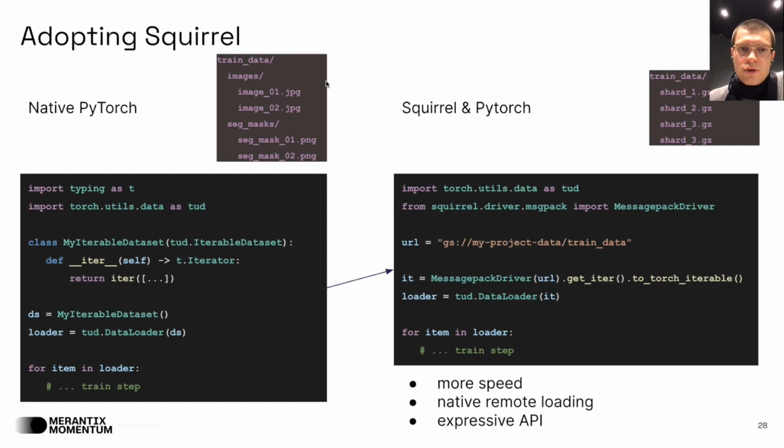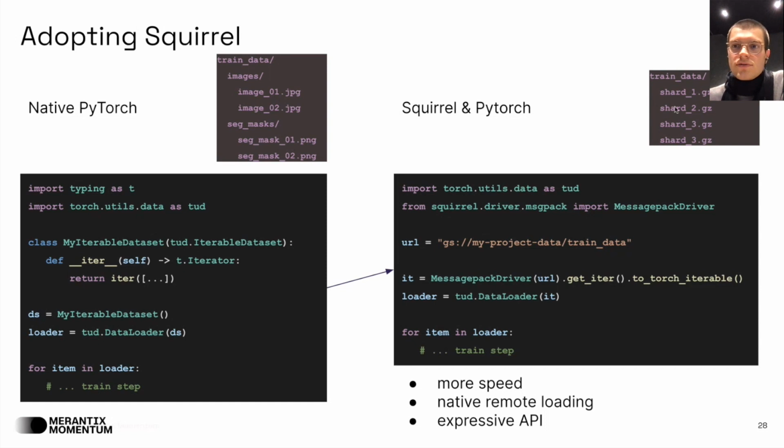First you need to bring your data format from this structure into a sharded version. As you can see here, you usually have all of the images lying around separately on your disk, and then Squirrel will ingest this type of data and batch it into shards.